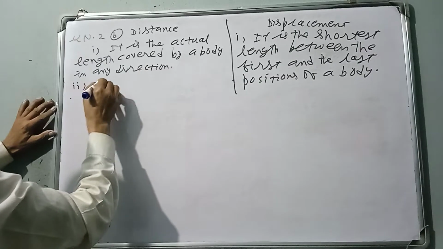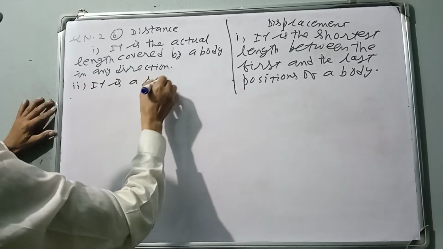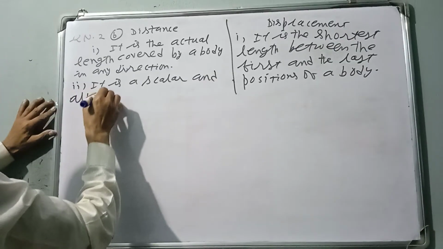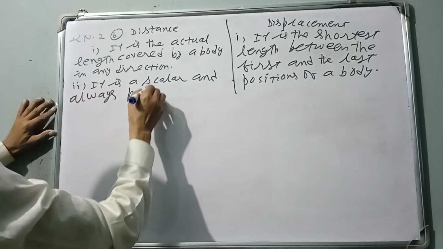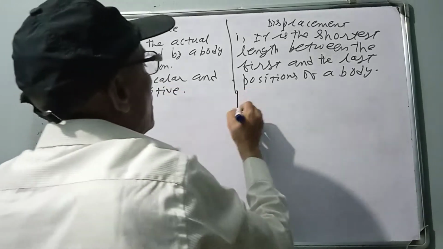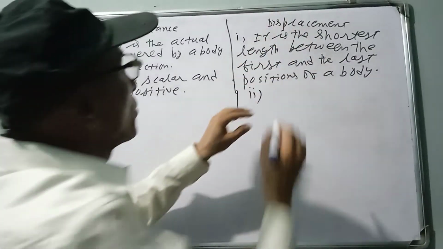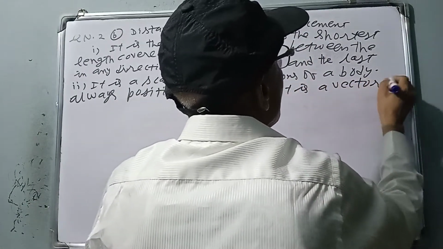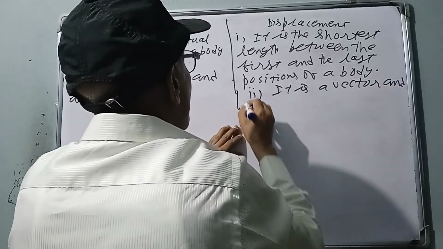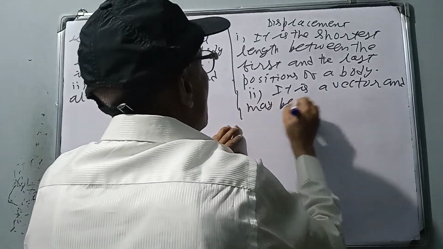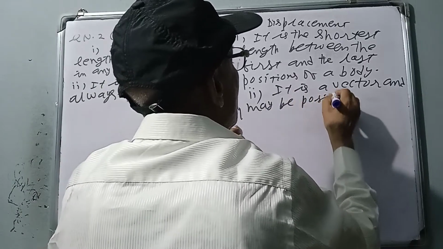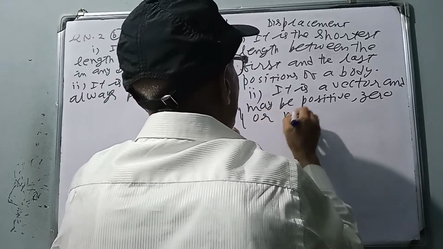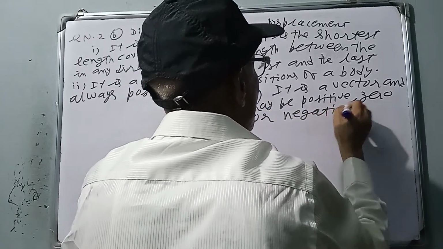Distance is a scalar quantity and always positive. Displacement is a vector quantity, and it may be positive, zero or sometimes negative.